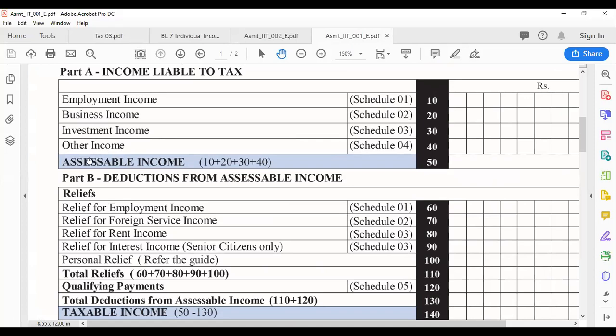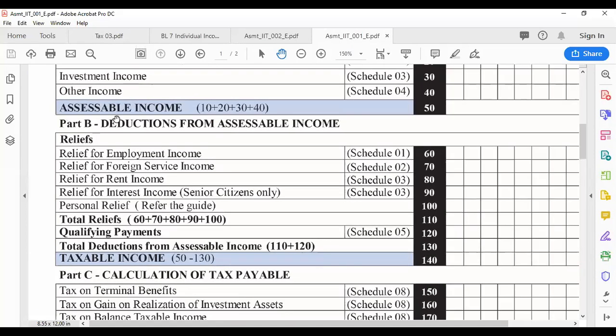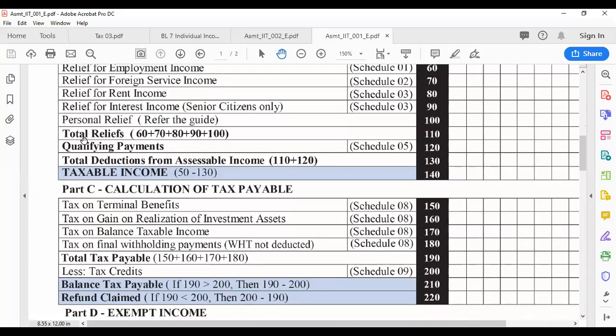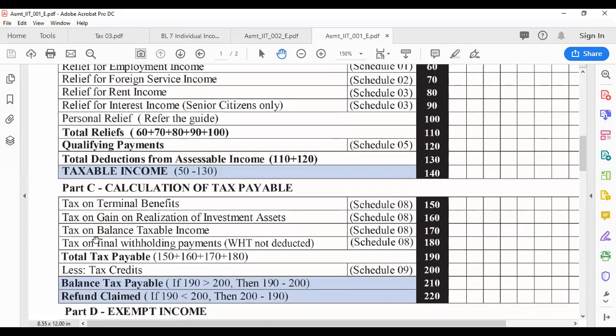Total of these four equal assessable income. Then there are some deductions. We can group the deductions into two parts, reliefs and qualifying payment. Under the reliefs, there are five different kinds of reliefs, and under the qualifying payment, there are two different payments.